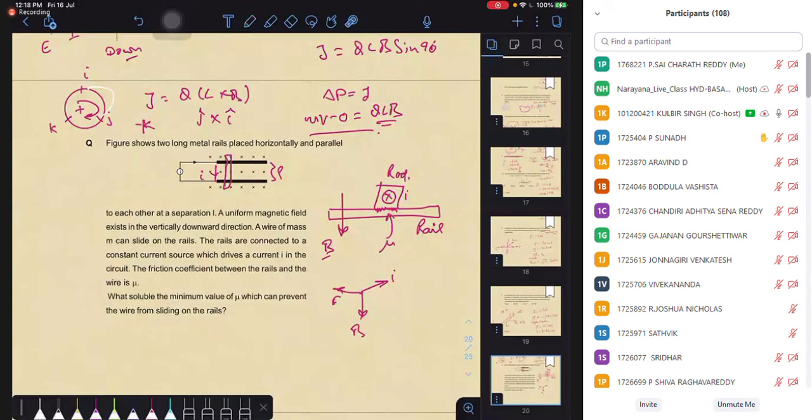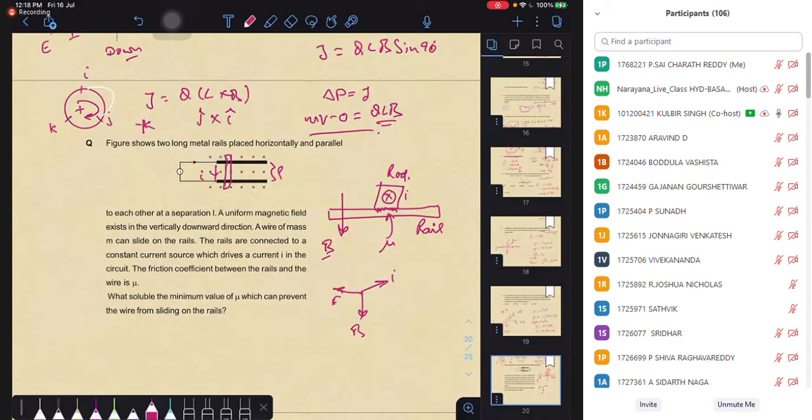This magnetic force is perpendicular to both current and B. So my magnetic force is perpendicular to the magnetic field. The magnetic field is vertical, so the magnetic force will be in the horizontal plane, perpendicular to vertical. The magnetic force is also perpendicular to the current, so it is perpendicular to the rod also.